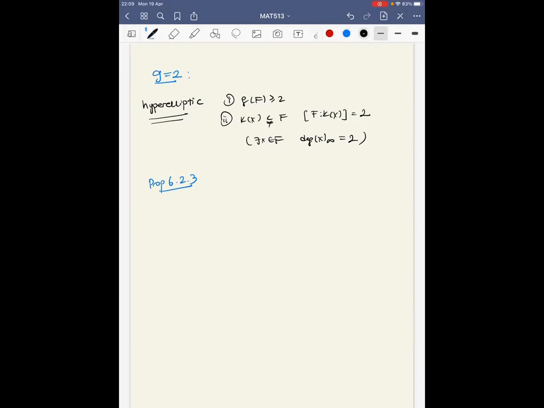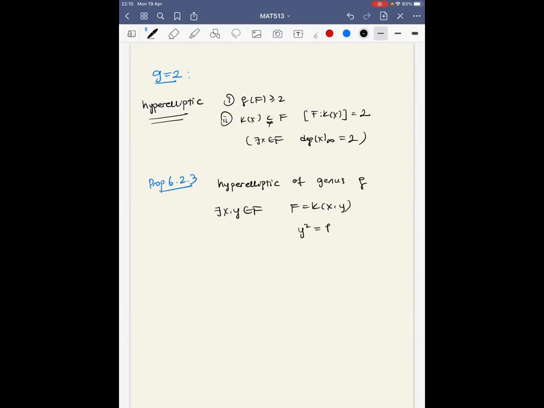Indeed, if you check proposition 6.2.3 from Stichtenoth, you will see that a hyperelliptic function field of genus g can be written as a function field K(x,y).